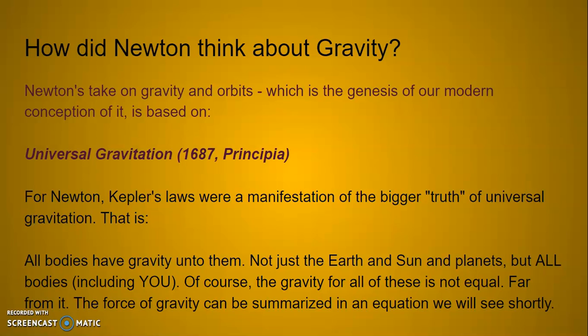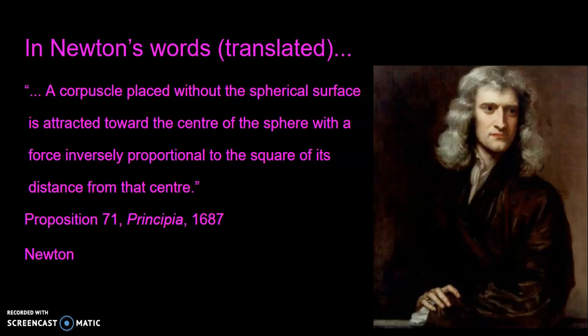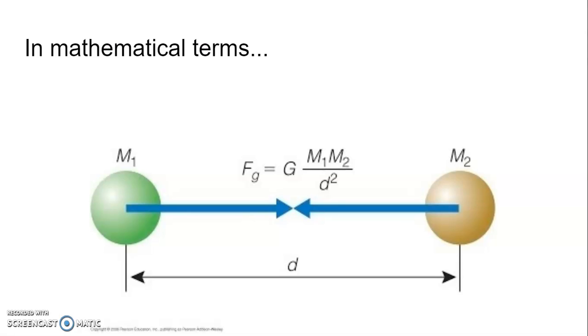That can be something small like me and you, or it can be something like planets and stars. So here's how Newton wrote it. He said, a corpuscle, meaning a body, placed outside a spherical surface is attracted toward the center of the sphere with a force inversely proportional to the square of its distance from that center. Well, that works way better in mathematical terms.